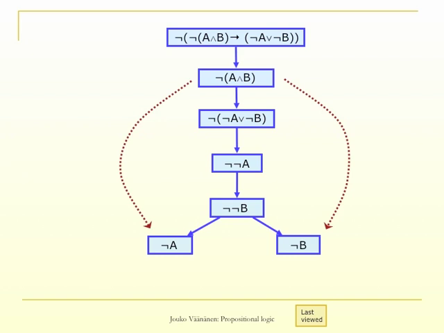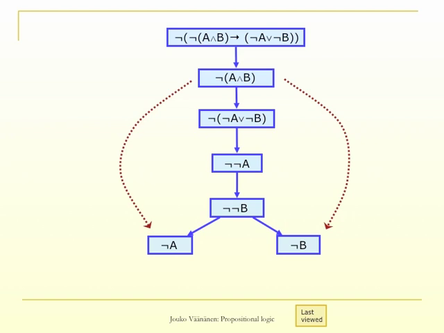Finally, we apply the conjunction rule to the negation of the conjunction of A and B. Now, the negation of the conjunction splits the tree. This is because for the conjunction to be false, it suffices that one of the conjuncts is false. So we split into the two cases, A is false and B is false, which we write as negation A on the left and negation B on the right.